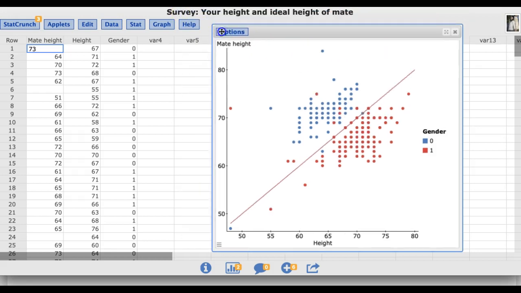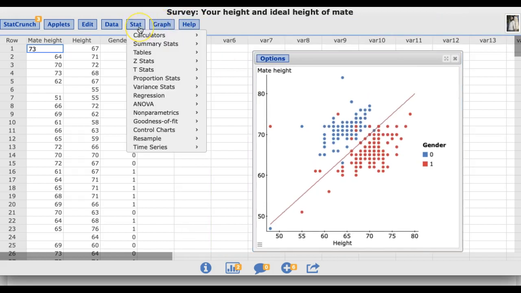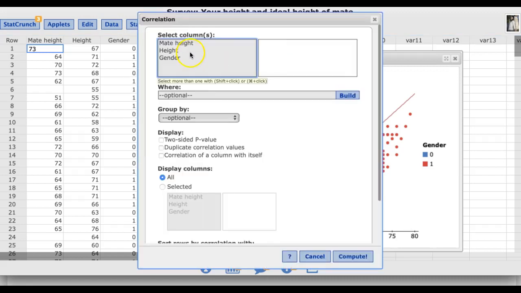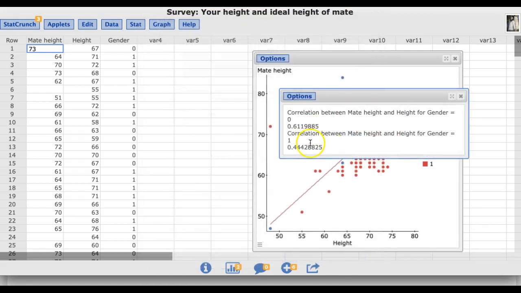So now let's look at the regression. Let's go here, Stat. Let's look at the correlations now. Let's look at the correlation between mate height and height, and let's group by gender, so within each gender, we calculate the correlation. And what do we get here? Whoa, you see a big increase now.